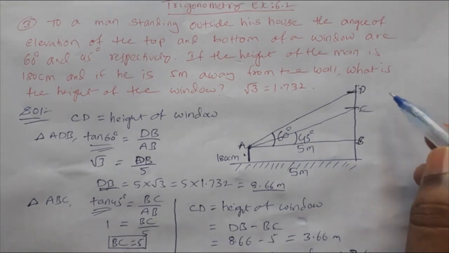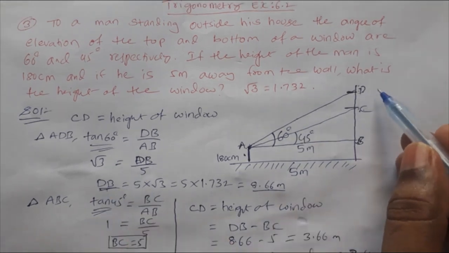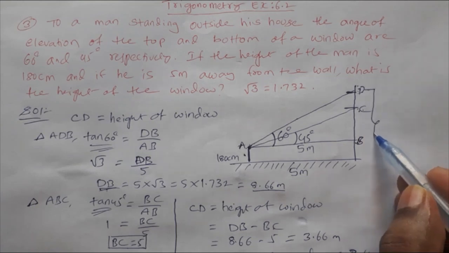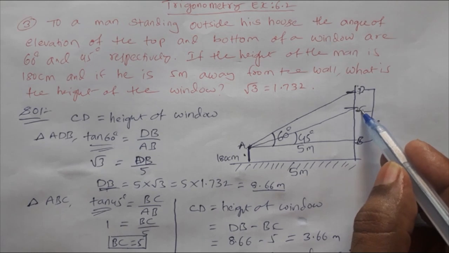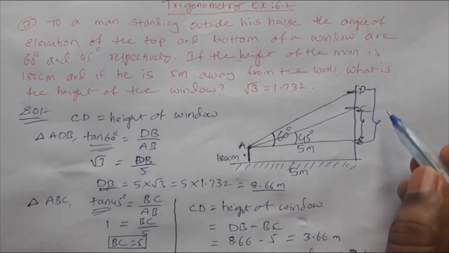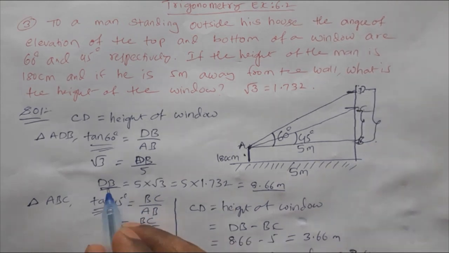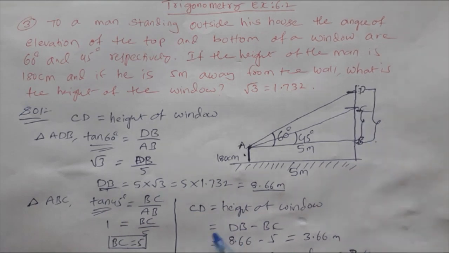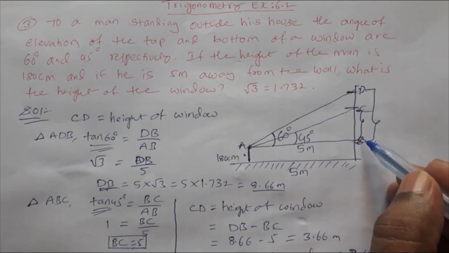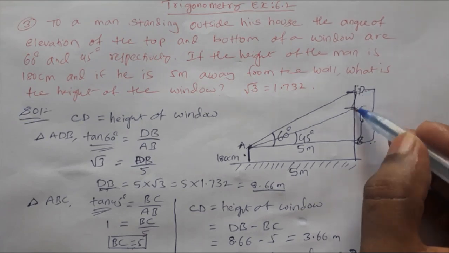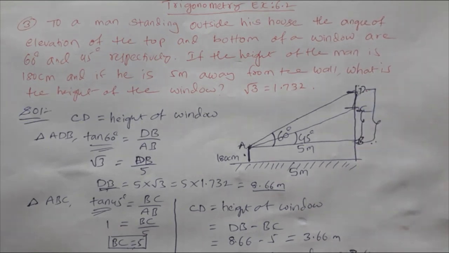In the first one you will get the DB answer, and in the second one you will get the BC answer. From the DB answer, if you subtract BC, you will get the height of the window.